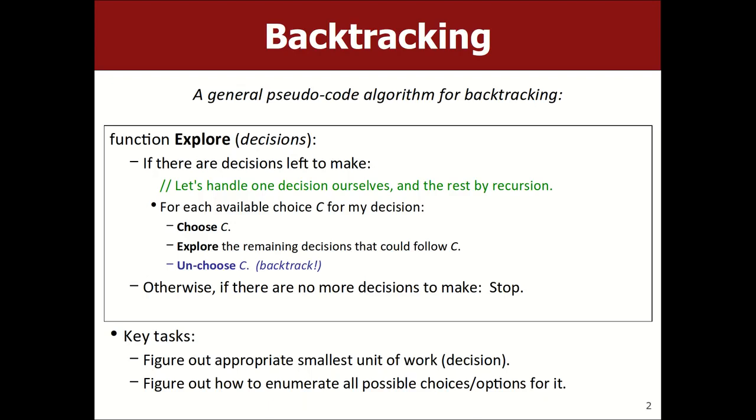Yes, question? Do you only choose when the output is on the side? Oh, good question. Do you unchoose always, or do you only unchoose when you've reached a bad point? You unchoose in both cases. You could undo for two reasons.